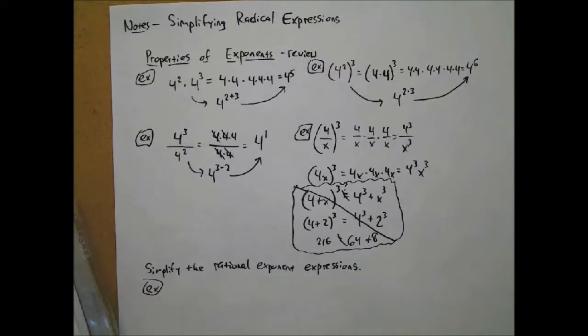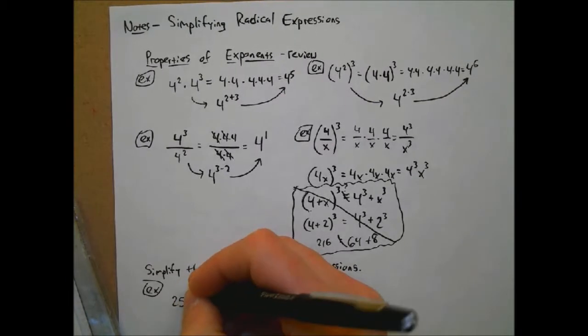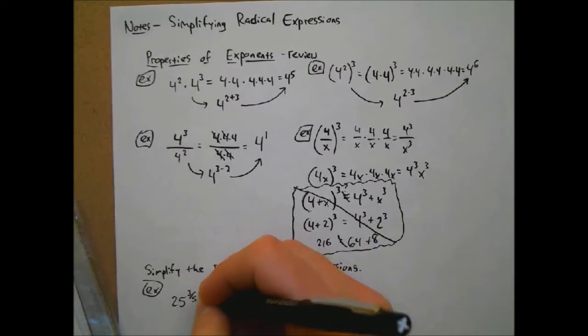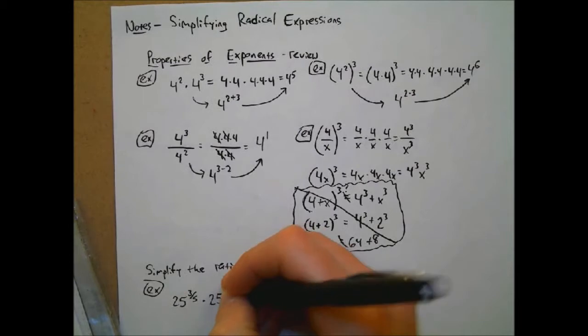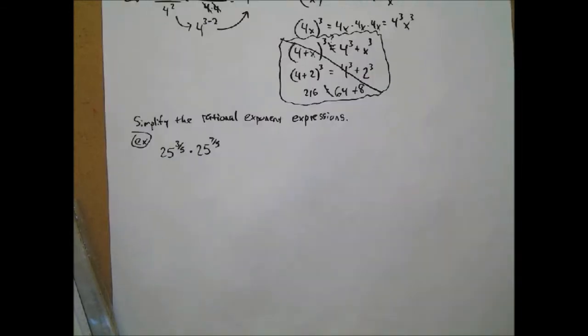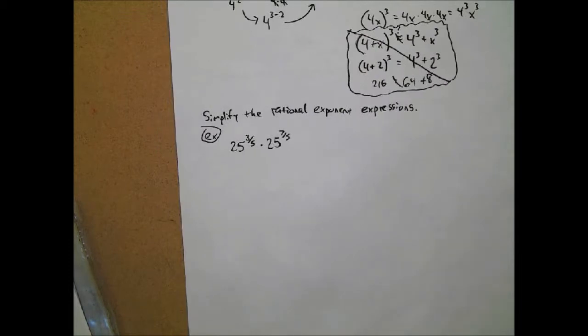Let's do 25 to the 3/5 times 25 to the 7/5. Oops, I'm off the screen. There we go. And I'll try and zoom in since I'm writing pretty small.